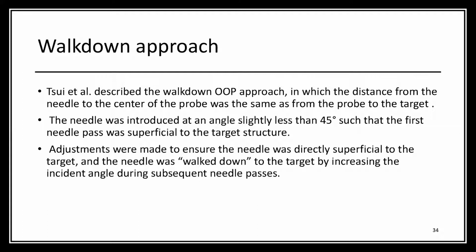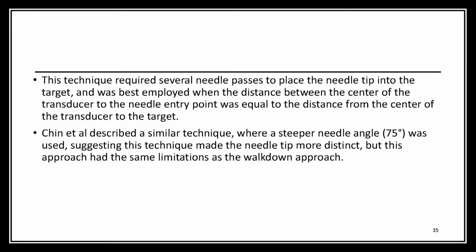And he made sure that the first needle pass was superficial to the target structure. Simultaneously, he kept on making adjustments so as to walk down the needle to the target by increasing the incident angle during the subsequent needle passes.